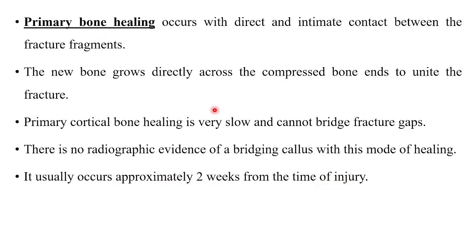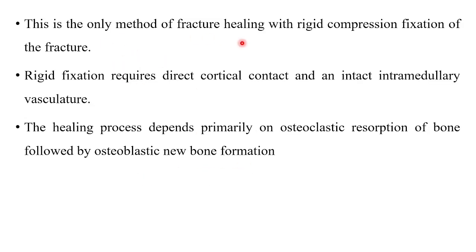Primary bone healing takes more time compared with secondary bone healing. Secondary bone healing is the common type of bone healing. Primary healing is the only method of fracture healing with rigid compression fixation of the fracture. This type of fracture healing occurs with compression plates. Rigid fixation requires direct cortical contact and an intact intramedullary vasculature.